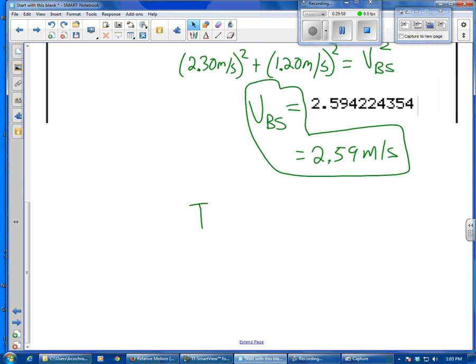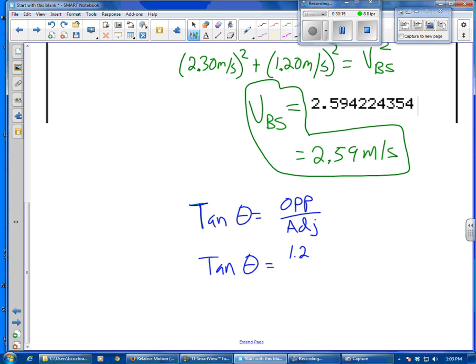So tan of theta, theta is the opposite over the adjacent. So tan theta equals my 1.20 meters per second over my 2.30 meters per second.